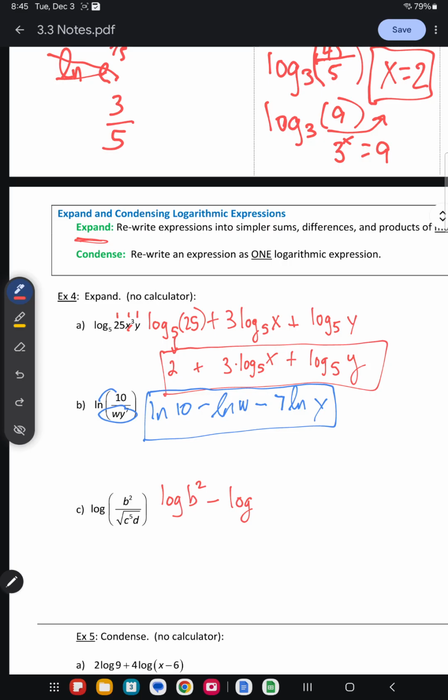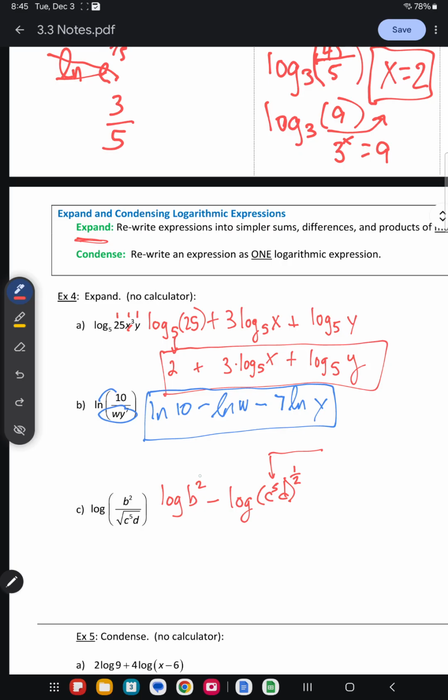So because it's a square root, I'm going to put c to the 5th and d in parentheses because that is what is getting square rooted. So what is the exponent for a square root? It's 1/2. Okay. So now in this part, we have 2 terms getting multiplied together, but because they were in the bottom, we're actually going to subtract them. So that's where we have to be careful here. This is a unique situation, which we'll see in a second.